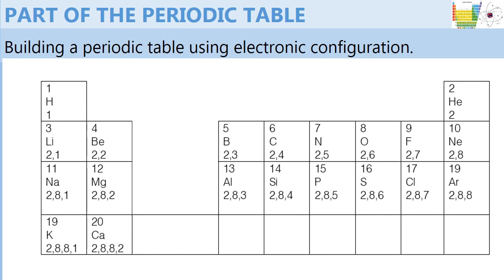We have already discussed the entire periodic table. Nonetheless, in a previous class, I mentioned that we are only going to talk about the first 20 elements. This part of the periodic table represents the first 20 elements and their electronic configurations. Look at beryllium.